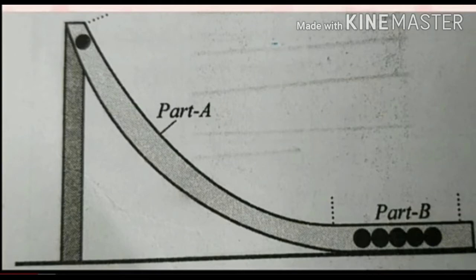I have placed a few marbles in the down position, and I made a few marbles move from one more position. I named this part A and this part B. If I roll a marble in the pipe from part B, it strikes a marble in part B. What will happen to the marbles?